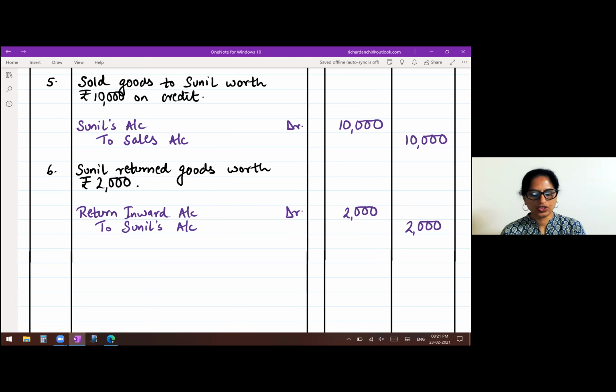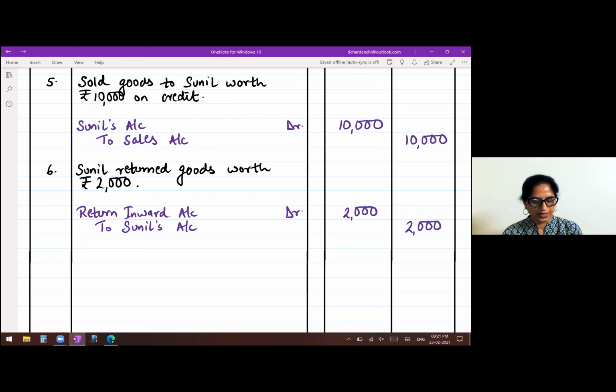Okay, so now we have finished transactions of purchases of sales. Okay, one cash, one credit, and one return. So how you write the debit and credit part, and we have done, except for the return, the other 4 transactions we have done in the previous chapter.